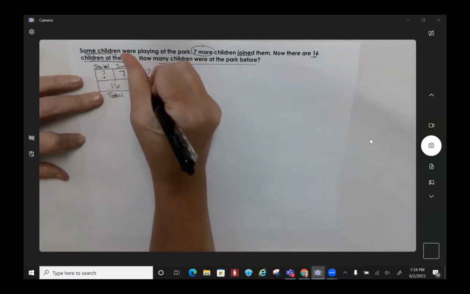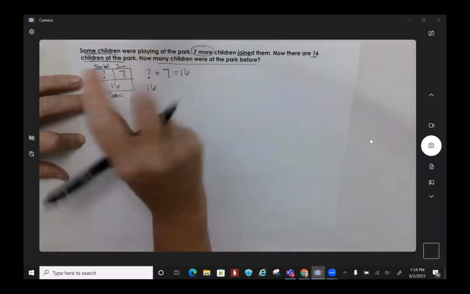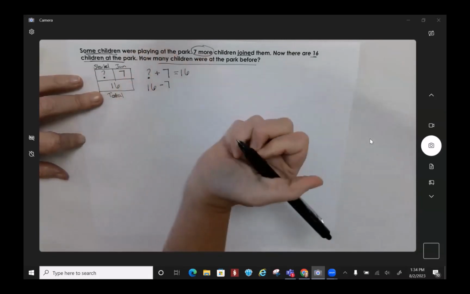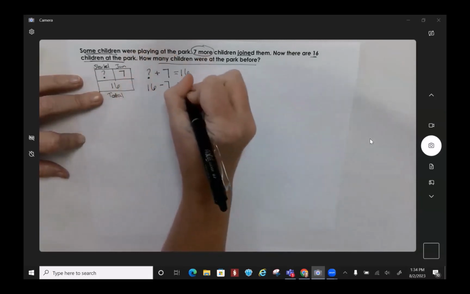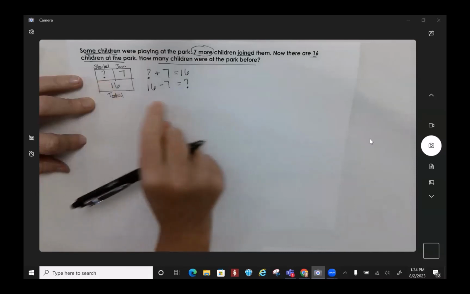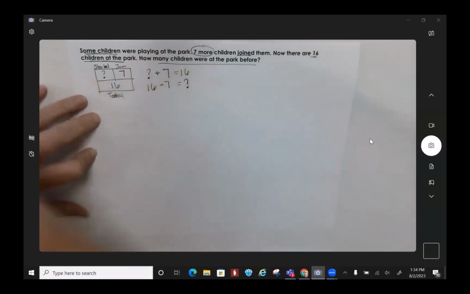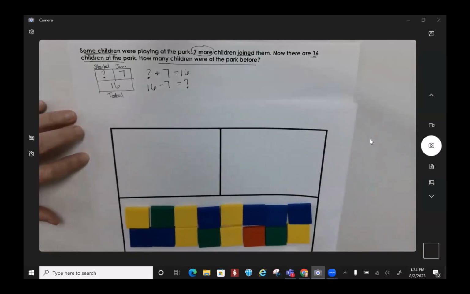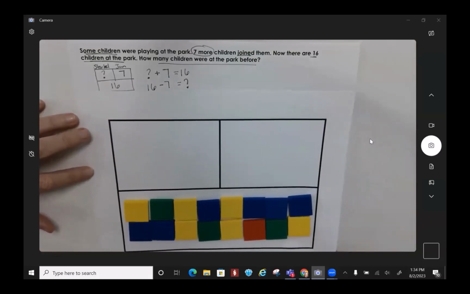So if I take my total of 16 kids and I subtract the part 7, then I will be able to figure out how many children were at the park to begin with. So I have my situation set up. Now I want to use a tool to help me solve. Today I'm going to be using my part-whole diagram and my color tiles.